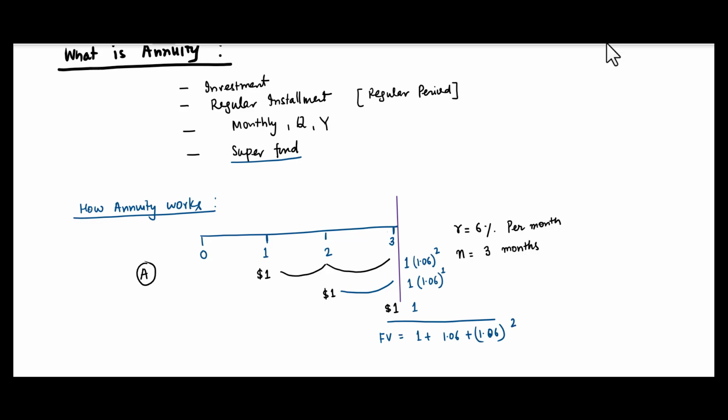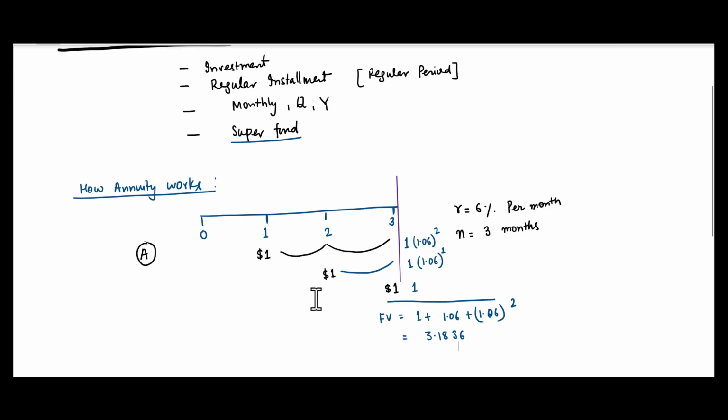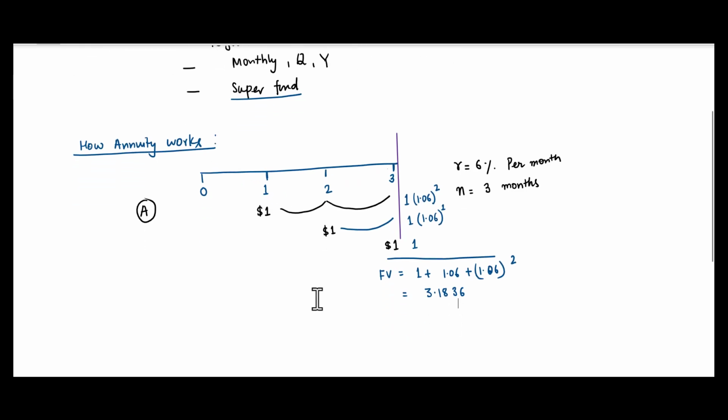And if you add all these things, it will become 3.1836. So you can see that if I have deposited $1 every month, after 3 months my future value, or the value of this investment, is 3.18.